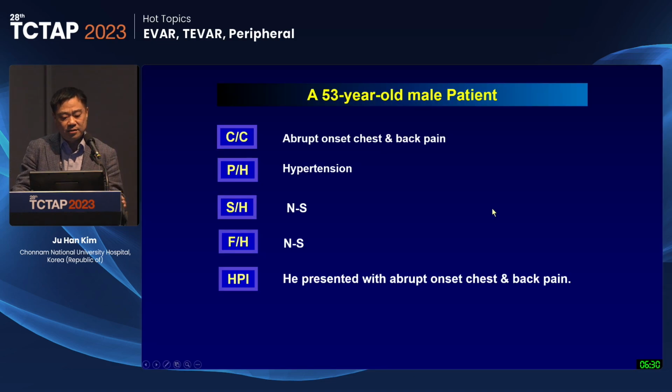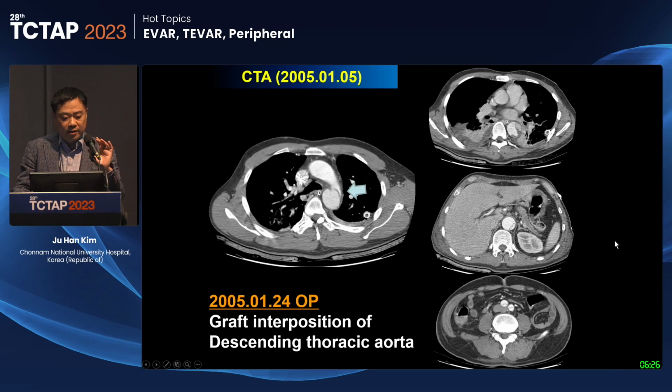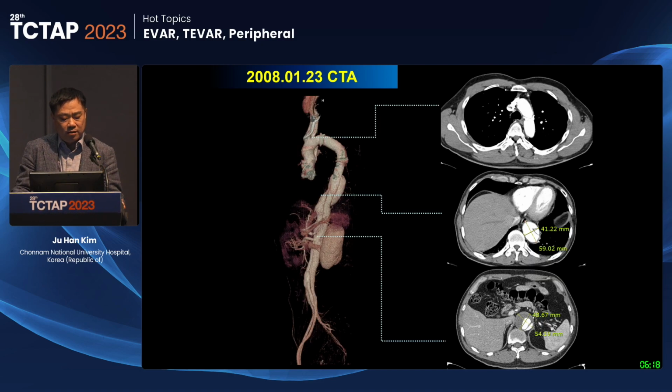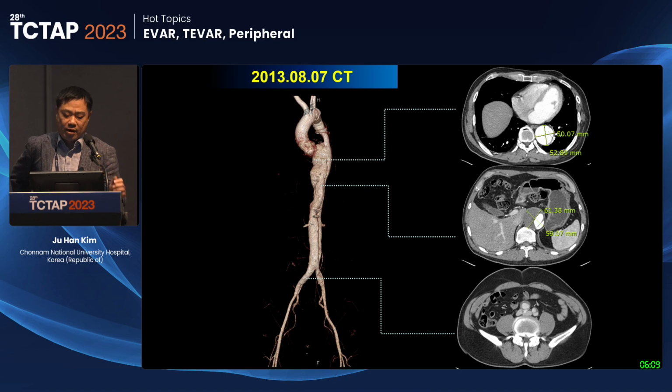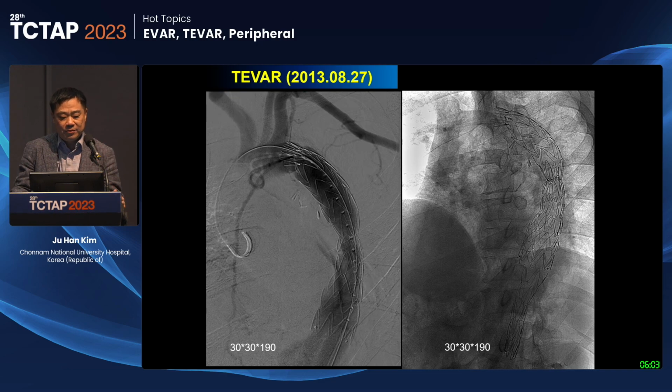My patient is a 53-year-old male with type A aortic dissection, so operation was graft interposition. After 3 years there was enlargement of the false lumen, but we decided on observation. After 8 years, there was more enlargement of the false lumen, so we did the TEVAR procedure.